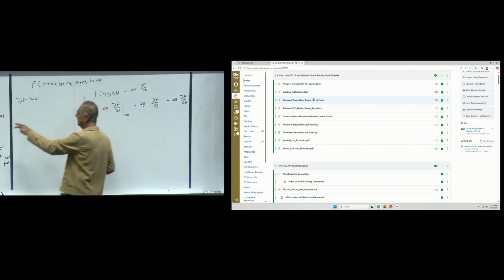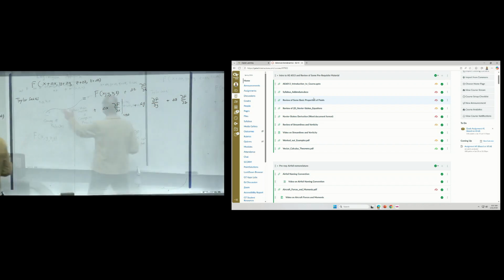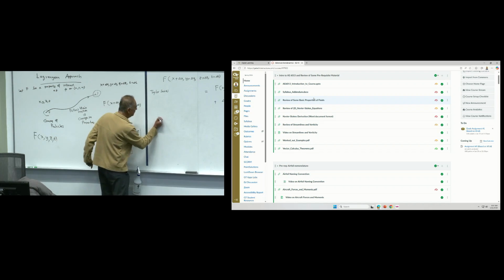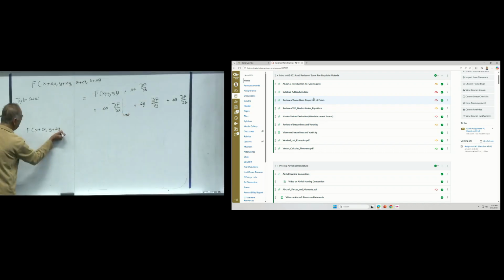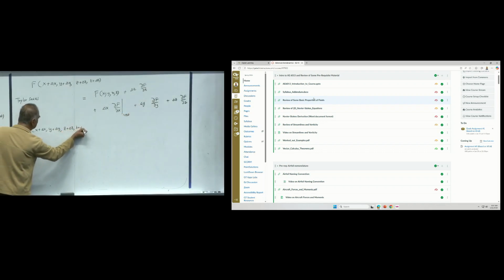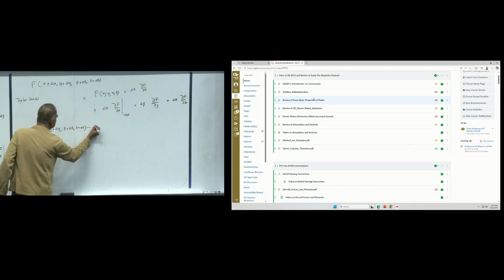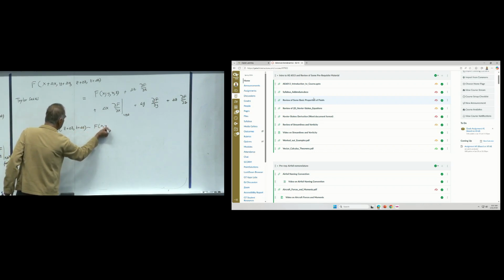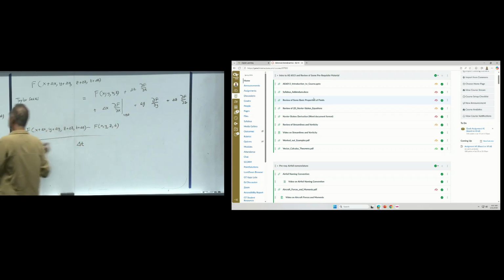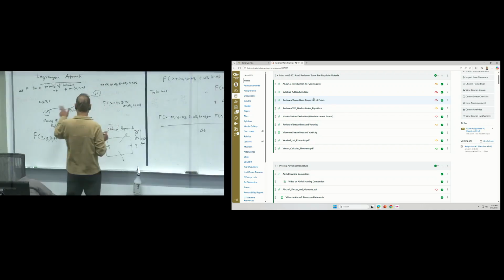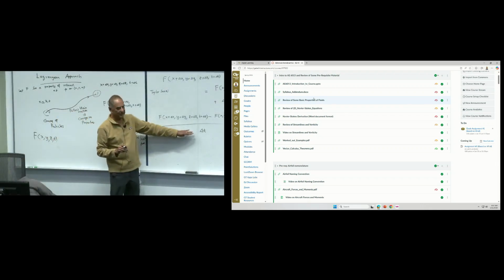Now, if you try to take a derivative of final state minus initial state, where the final state is f of x plus delta x, y plus delta y, z plus delta z, t plus delta t, minus the initial state, which is f of x, y, z, and t, divided by delta t: after and before, take the difference over a period of time.